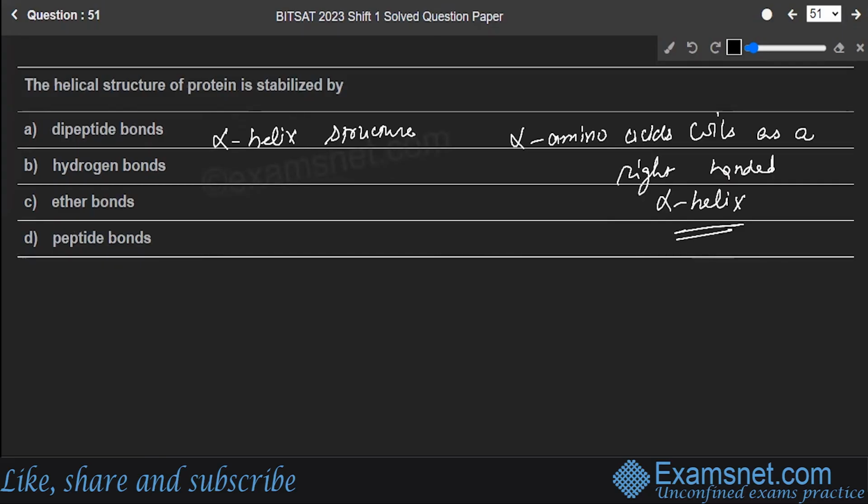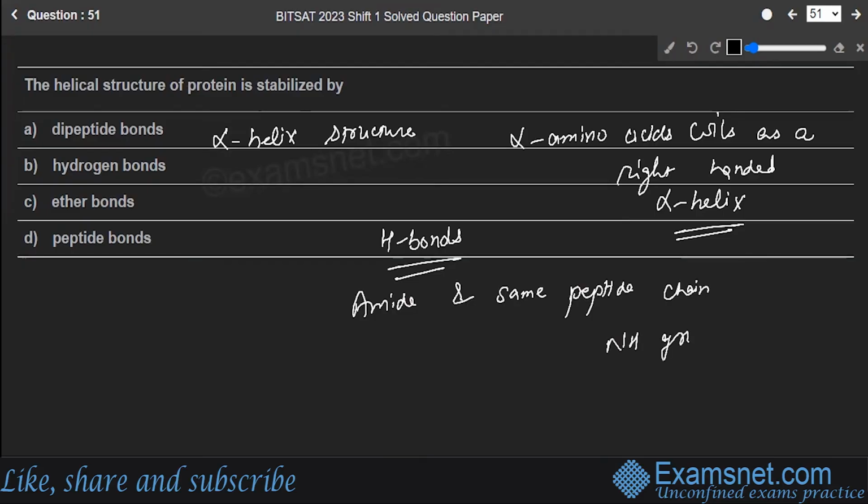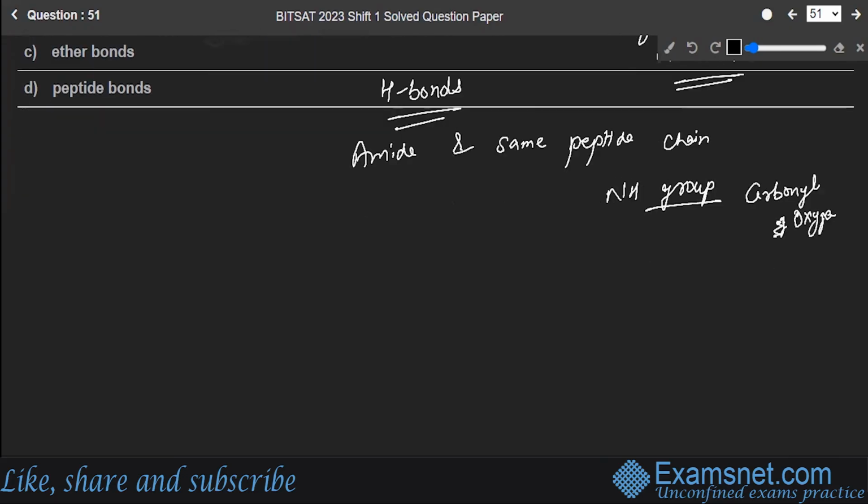This is because of the formation of the hydrogen bonds between the amide groups of the same peptide chain. That is, your NH group in one unit is linked to the carbonyl oxygen of the third unit by hydrogen bonding.